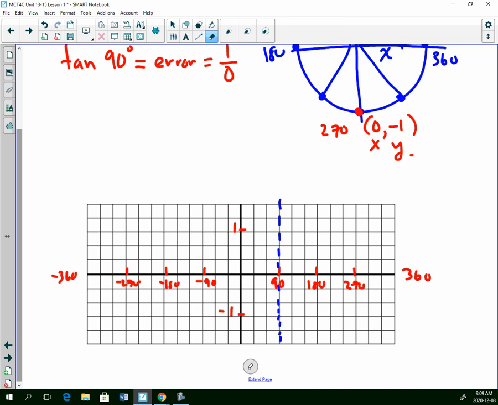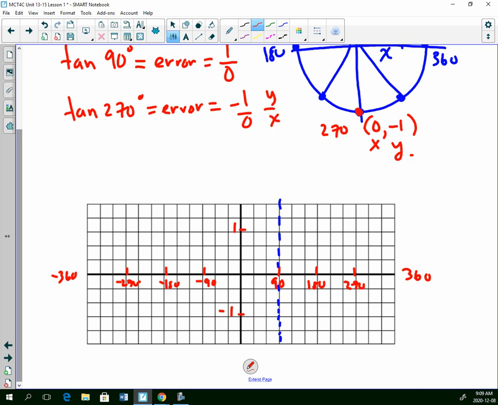That's also going to happen at the bottom of the circle at 270. We'll also get error because we are taking -1 and dividing by 0, right? Y over x. So that would be -1 over 0. So at the bottom of the graph, or at 270, we would also get a break in the graph, an undefined answer, and that creates a vertical asymptote at 270.